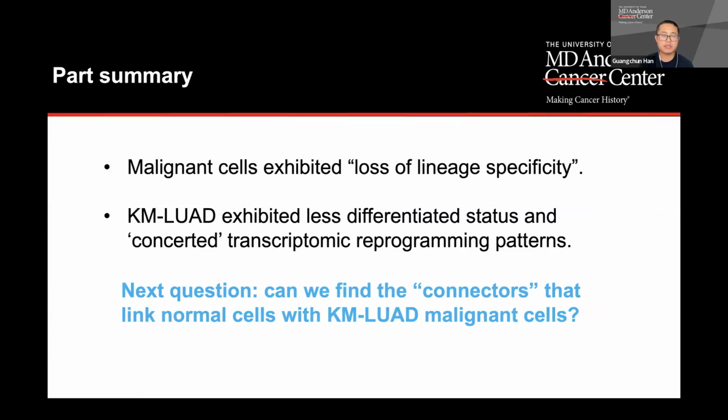So the next question we asked is whether we can find connectors, bridges, or progenitor cells from the normal cells in this epithelial cohort that can link the malignant cells, especially the malignant cells coming from KRAS mutant samples.